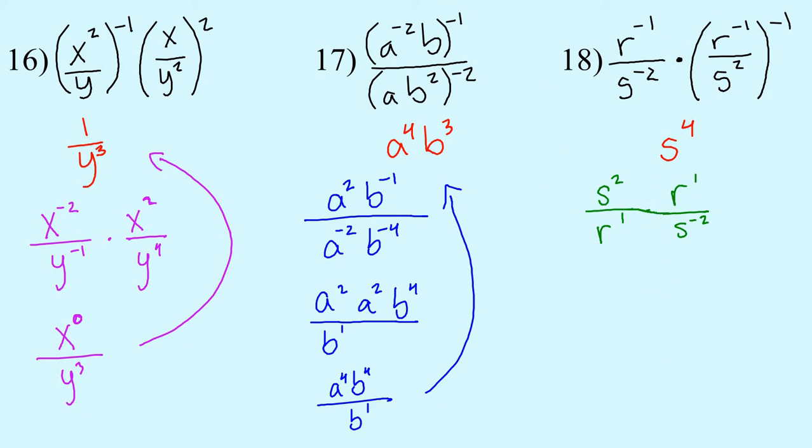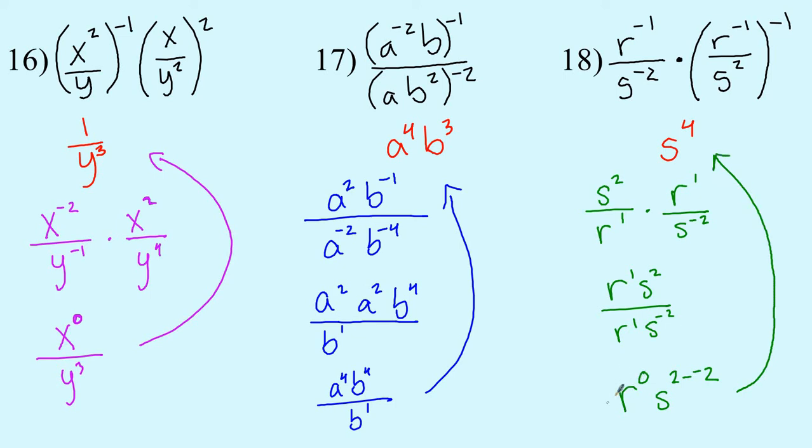So we're going to have r to the 1st s squared over r to the 1st s to the negative 2. When you have fractions on top of each other, you subtract. So r to the 0, s to the 2 minus negative 2. Be careful when you have all those negatives. You're really adding, so we end up with s to the 4th, because anything to the 0 power is 1.